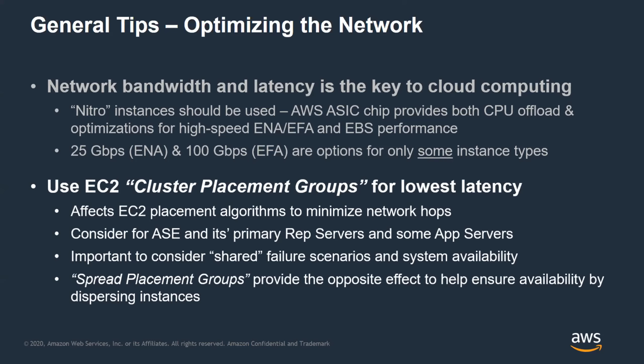So if you've got some app servers and a database server, in some cases you might want to have those co-located as close as possible. In other cases, maybe in some scenarios, you want to spread them out, right? You want to maybe have more control over placing some of your app servers in one availability zone, some others in a different availability zone, do some sort of load balancing across them for high availability, right?